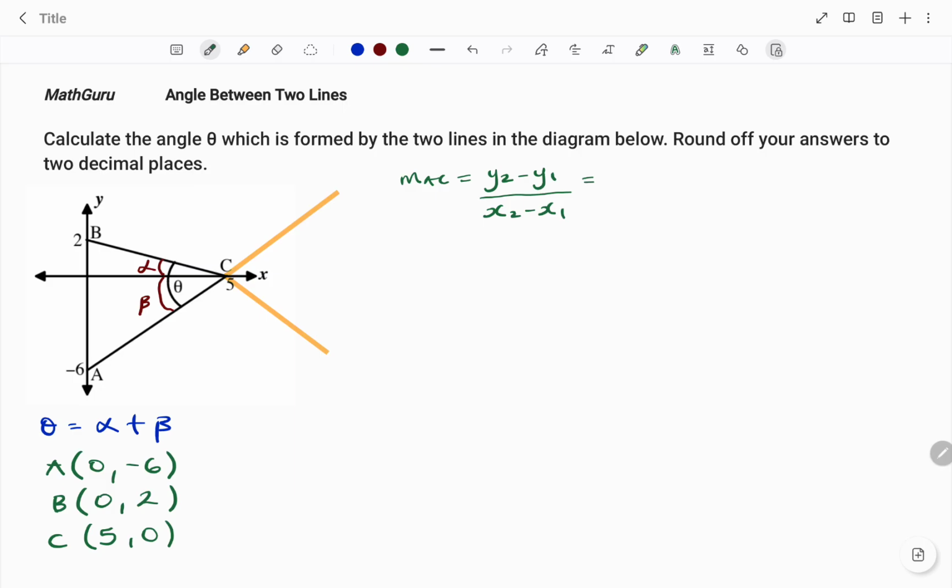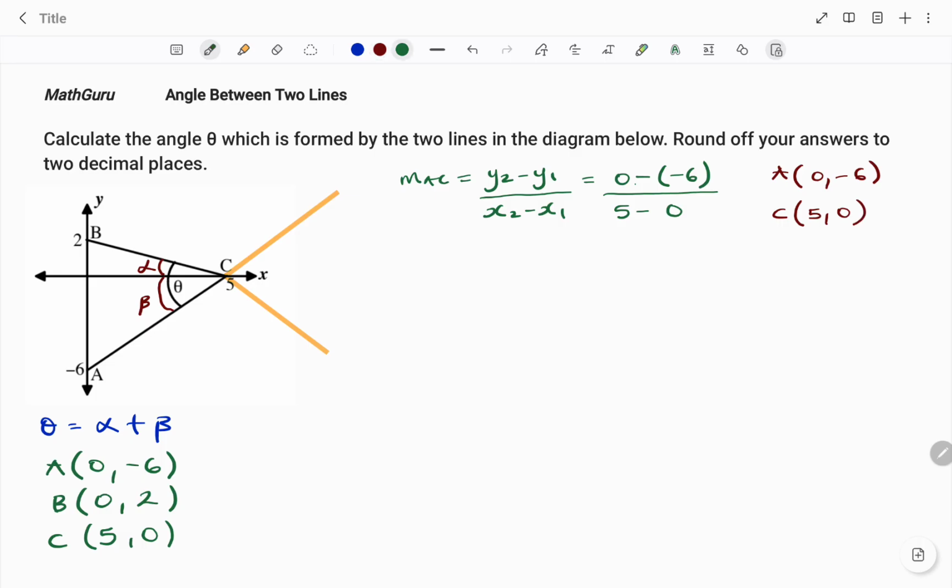Using my A and C, that is equal to 0 minus -6, in a bracket, divided by x2, that is 5, minus 0. Note that the points I'm using are my point A, which is 0 and -6, and my point C, which is 5 and 0.